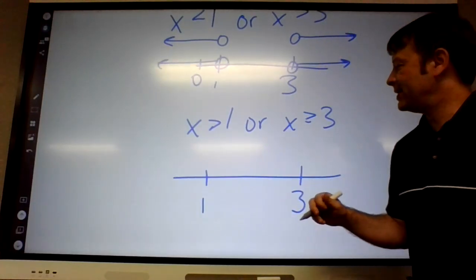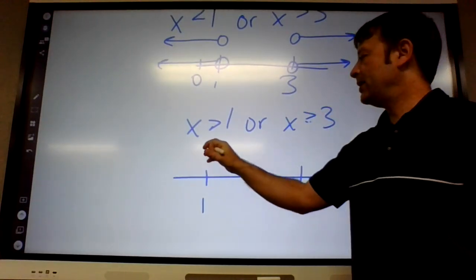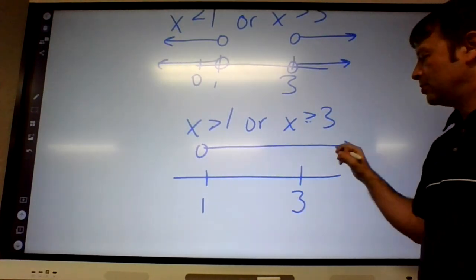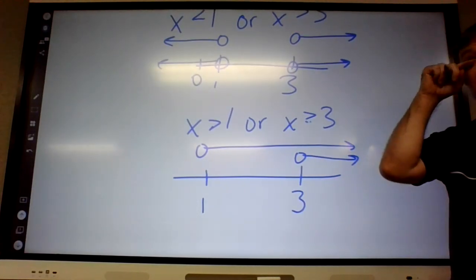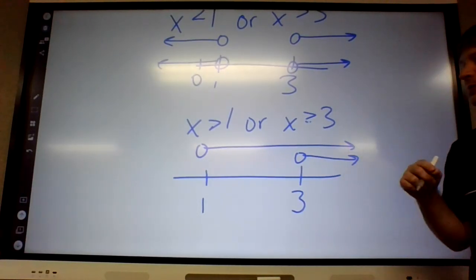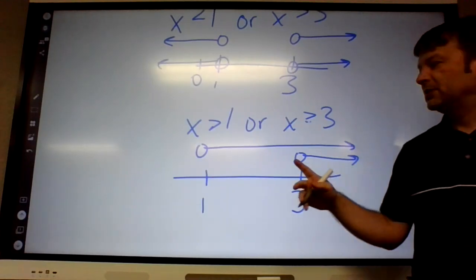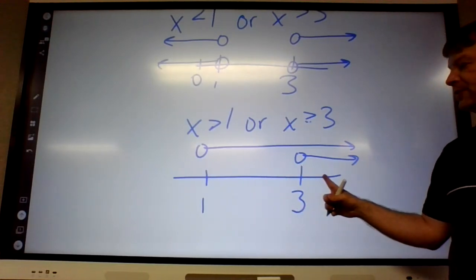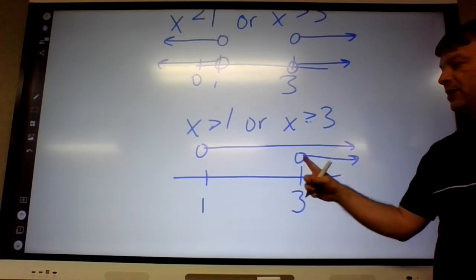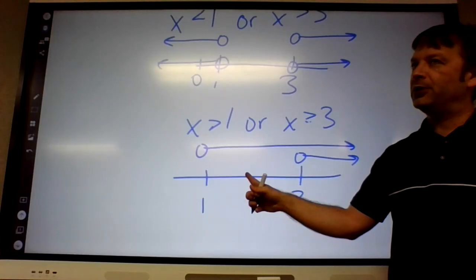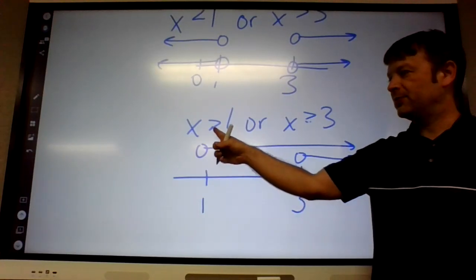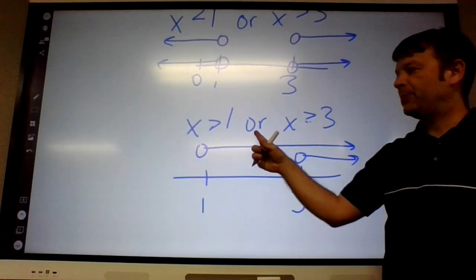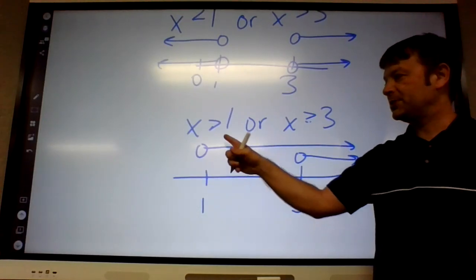Okay, if I said x is greater than 1 or greater than 3, what numbers are greater than 1 or greater than 3? Okay, well, 4 would definitely be greater than 1 or greater than 3. Would 2 be greater than 1 or greater than 3? Yes, it's greater than 1. And if it applies to 1, it's okay. Or means it's okay.